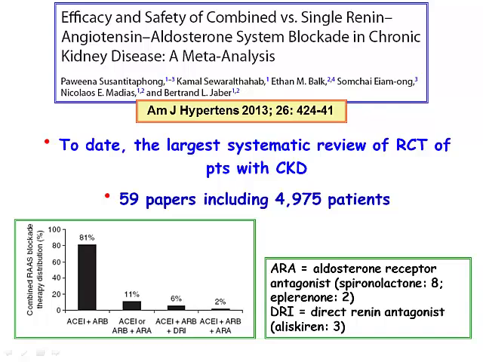In this paper, 59 studies were evaluated, which included almost 5,000 patients.